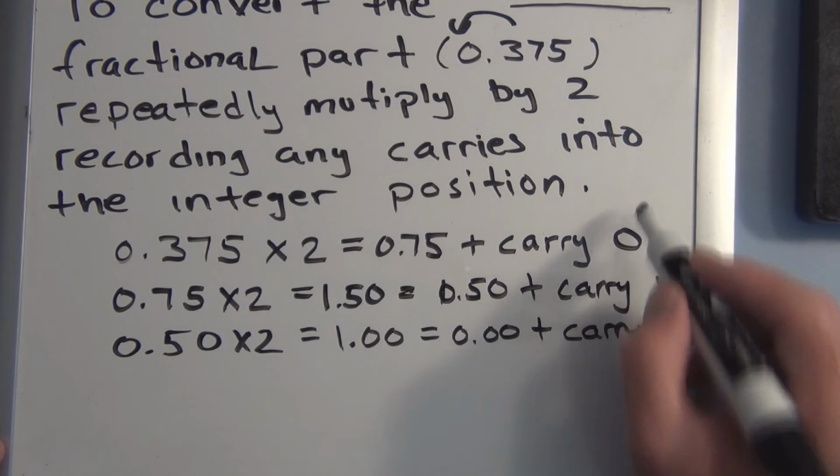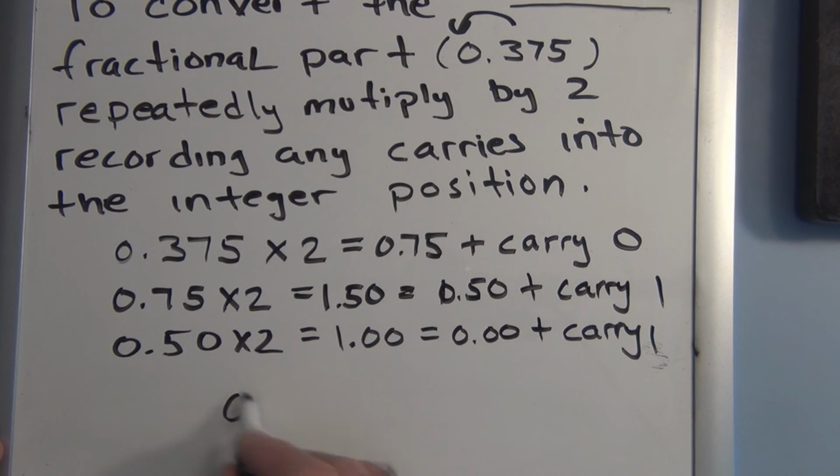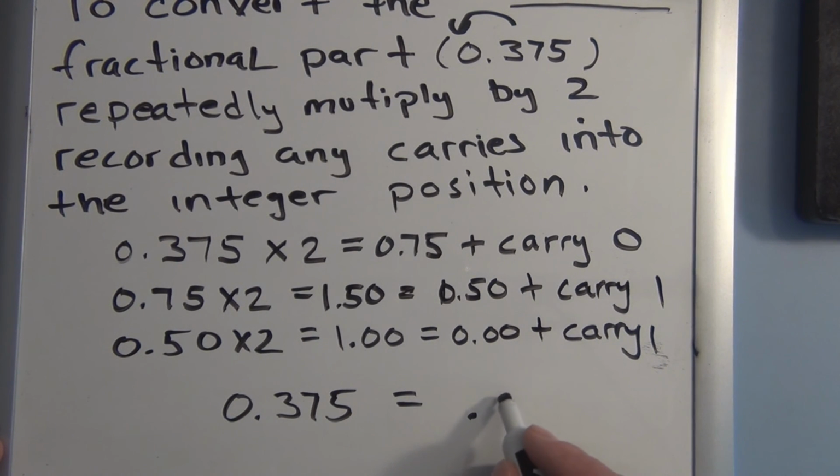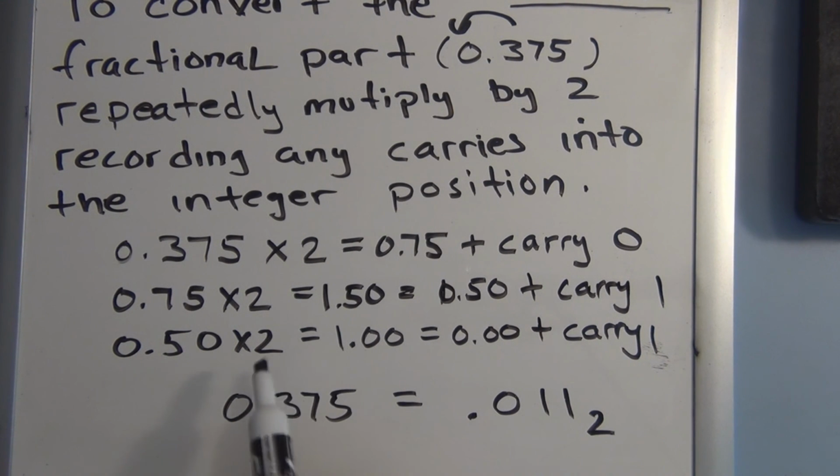So this here, 0.375, is equal to 0.011 in binary. Now also note that we repeatedly multiply by 2 until we reach a product of 1.00, because further multiplication by 2 will just give us 0.